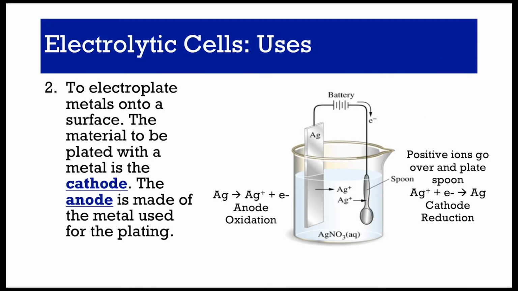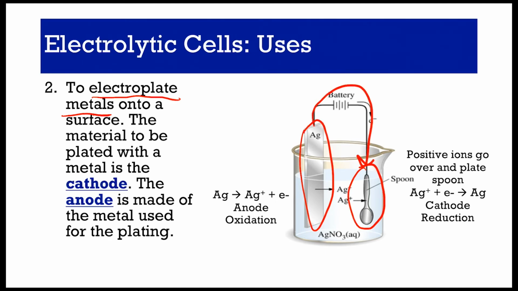One of the things you'll see most often is using it to electroplate something. If you see silver-plated spoons, silver-plated necklaces, gold-plated something, a metal-plated item, they use this process to do it. If you're electroplating something, that's what makes the object the cathode and the other thing the anode, because we're taking stuff from the anode and moving it to the cathode.